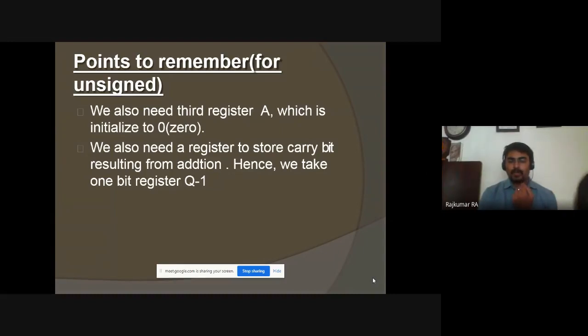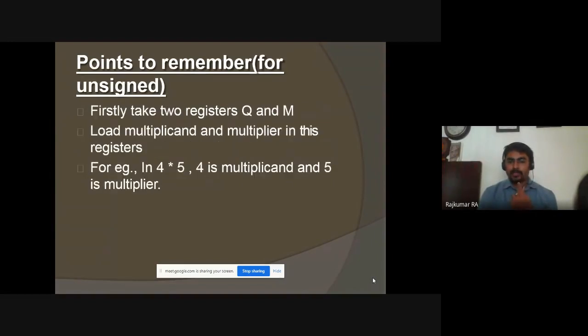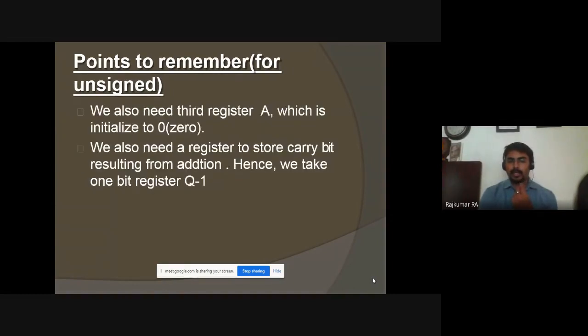So initially we have 4 values: Q for 4, M for 5, A the accumulator, normally 0, and Q minus 1 as the fourth register. We can allocate some value of carry bit after the addition and subtraction. So these are the 4 values for the Booth algorithm.